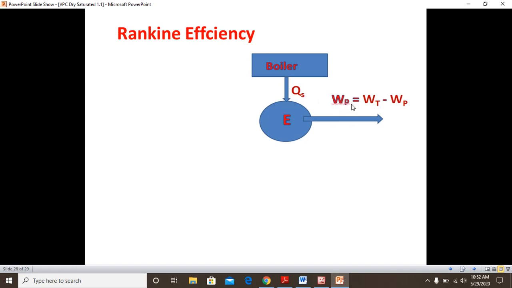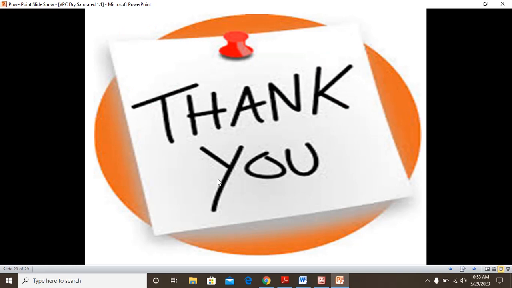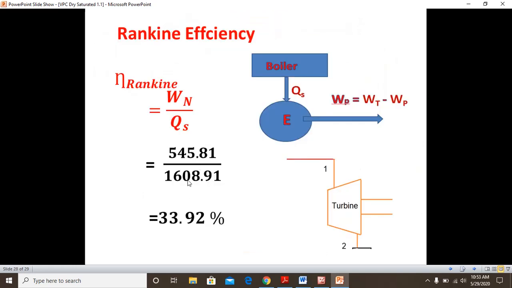Net work, WN, divided by heat supply. This one gives the power, that is the required power, and in terms of kilojoules per kg, the amount of heat energy supplied, that is 33.92%, that is the Rankine efficiency you will get.